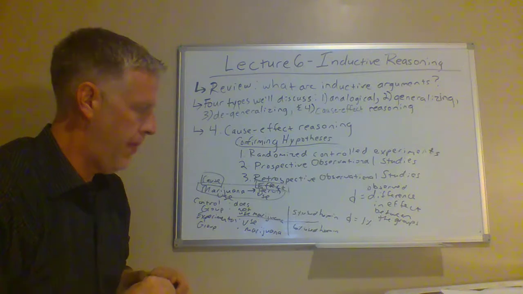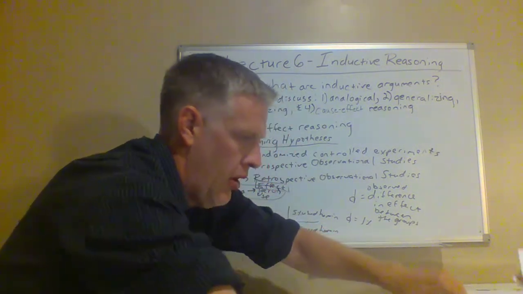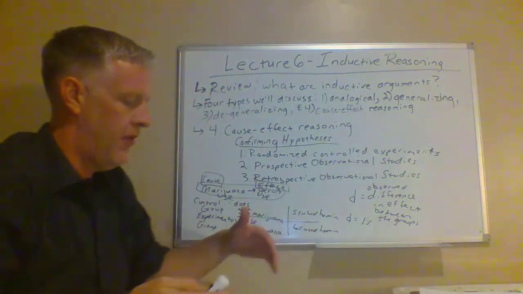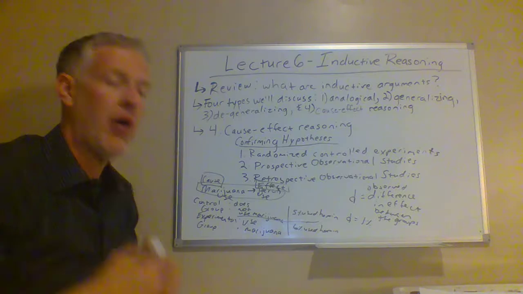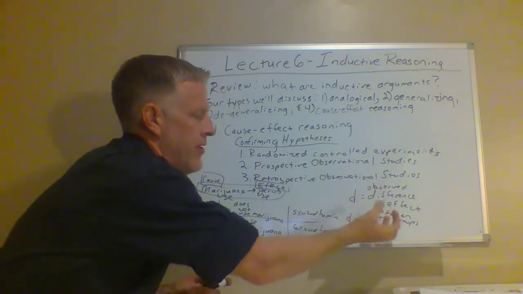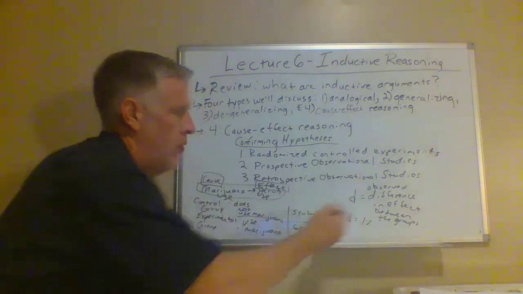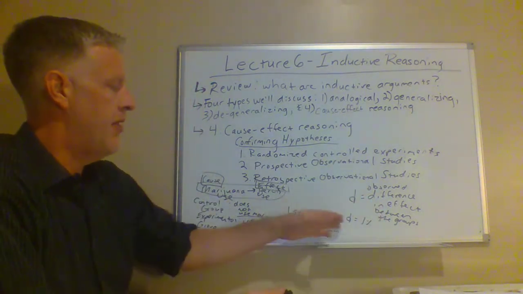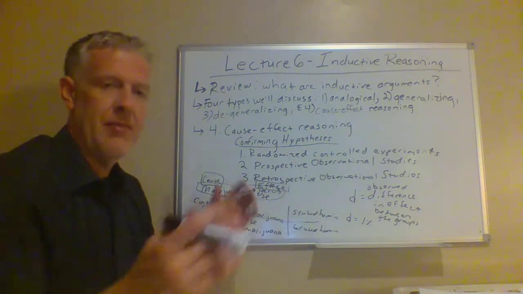Those again get into confidence levels and how confident can we be when we have a certain observed difference in effect that we've come to observe in our experiment. Well, how confident can we be that that's not simply due to chance?